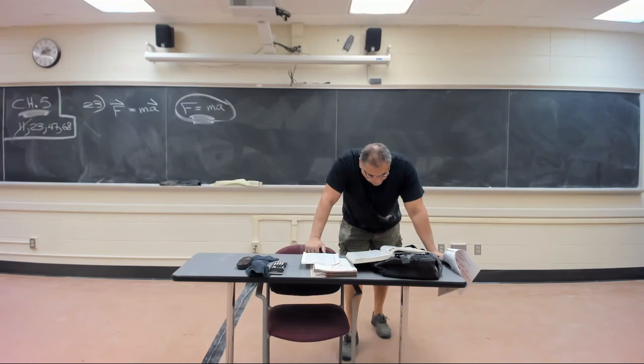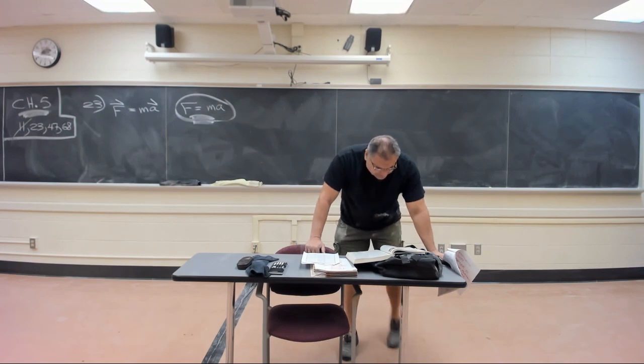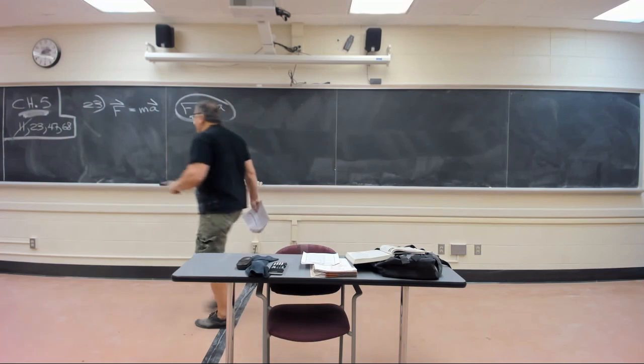The x and y coordinates of a 4 kilogram particle moving in the xy plane under the influence of a net force F are given by x equals t to the fourth minus 6t. So let me see here. I'm just going to write it.